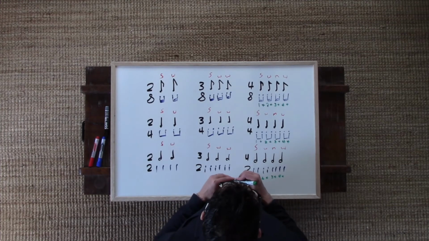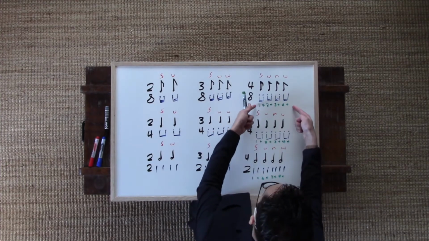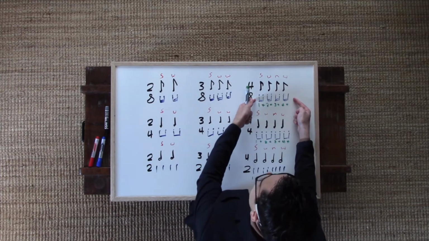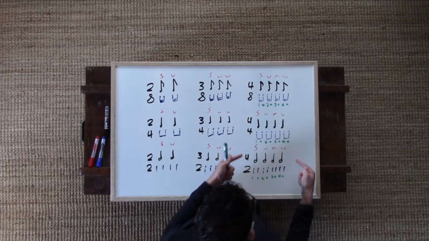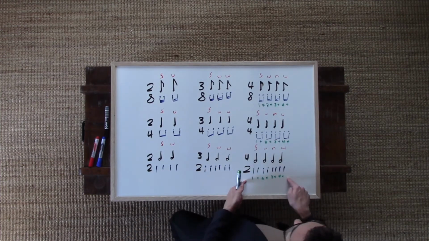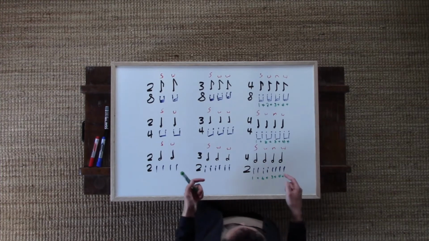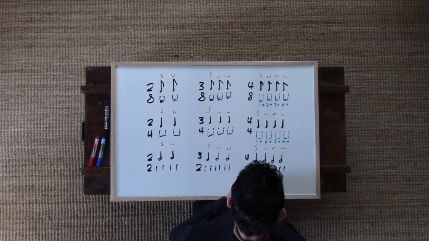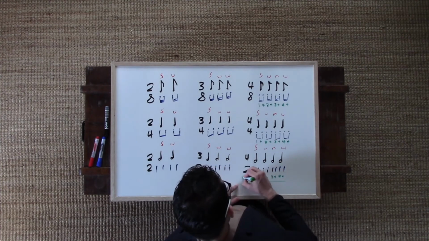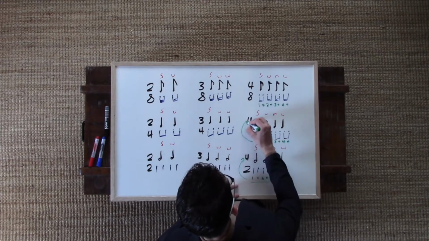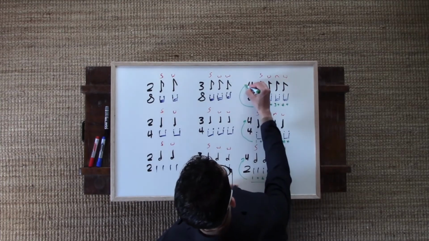Some people find that confusing because here I'm saying 1 and 2 and 3 and 4 and, but I'm counting 16th notes. Here I'm counting 8th notes. And down here I'm counting quarter notes. So the way I count when I'm performing depends on the top number, not the bottom number.